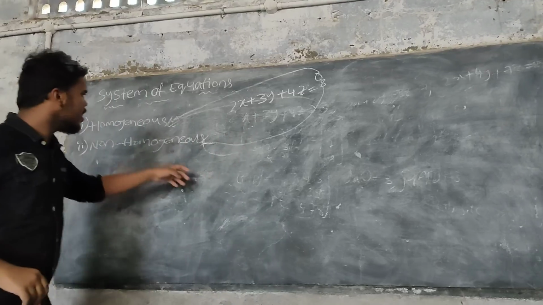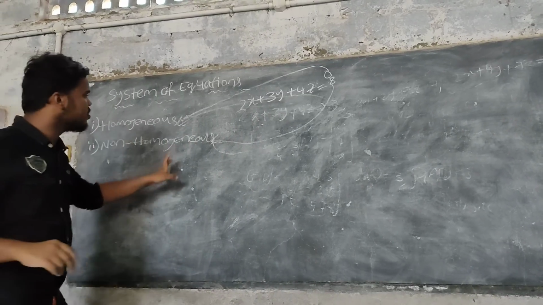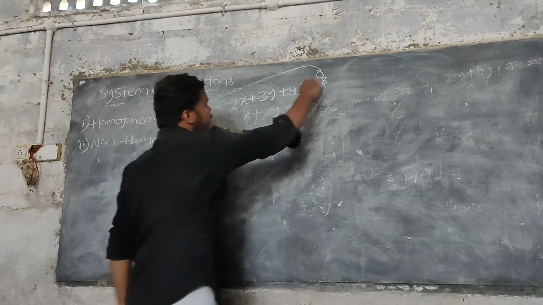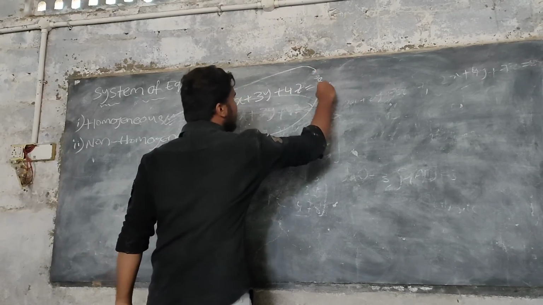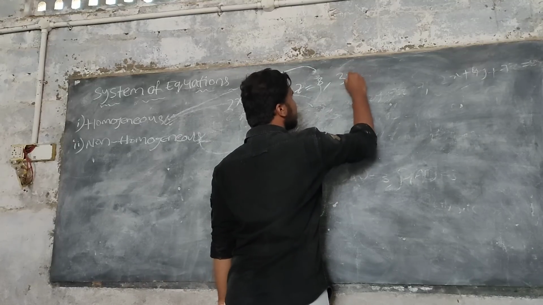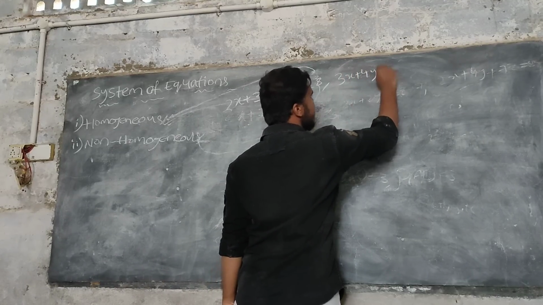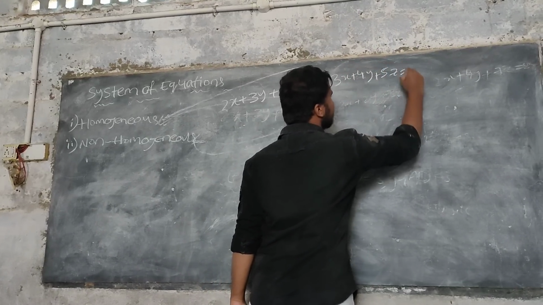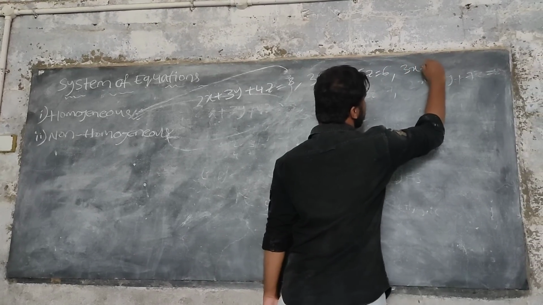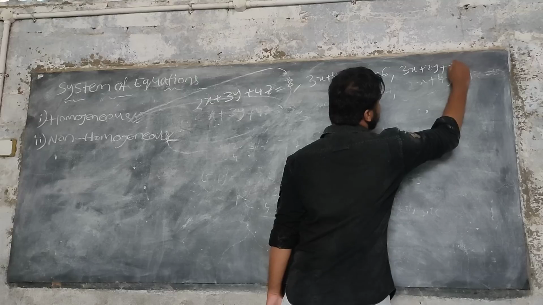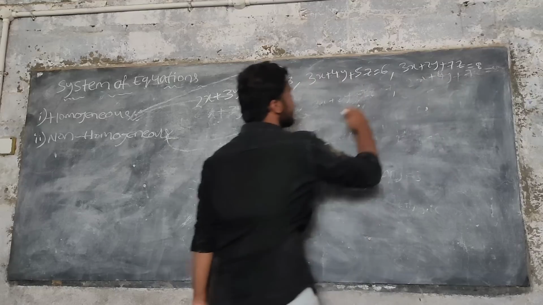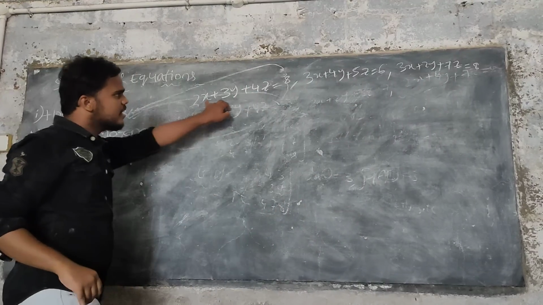After this, we have to identify whether it is homogeneous or non-homogeneous. Now I am talking about non-homogeneous. Suppose we have a system of equations: 2x plus 3y plus 4z equals 8, 3x plus 4y plus 5z equals 6, and 3x plus 2y plus 7z equals 8. We have three equations.